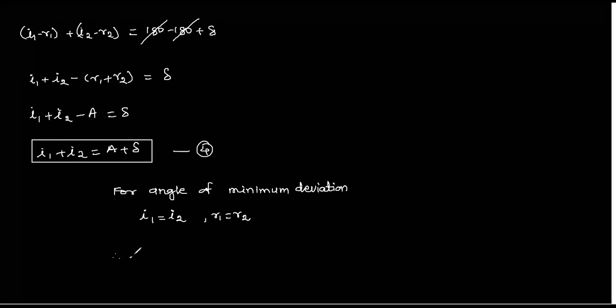So therefore I1 is equal to I2 is equal to I, and R1 is equal to R2 is equal to R. Then let's substitute here and see what you will get.